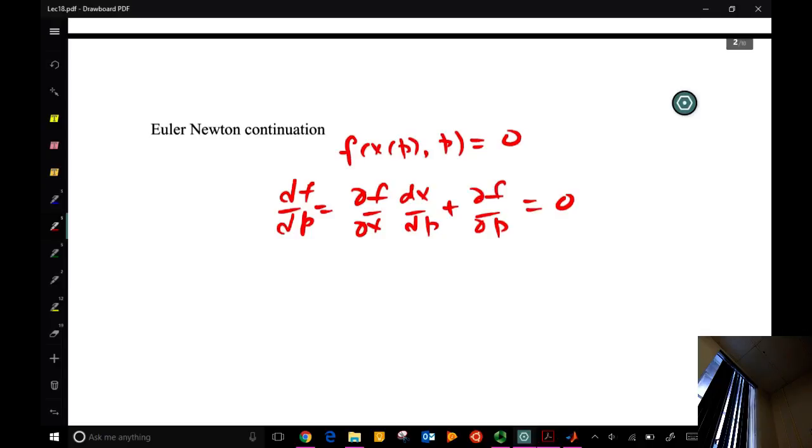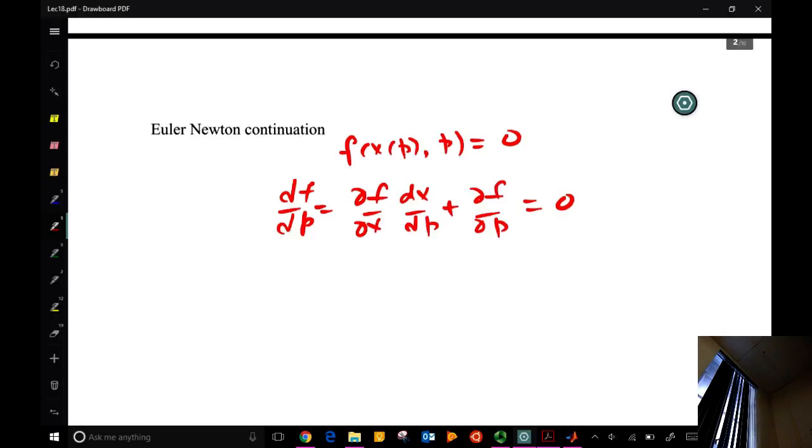Conceptually, graphically, we saw in the earlier slide what it is. Essentially, I would need to take the tangent vector to the solution and project the next guess from the tangent vector. This is a way of getting the tangent vector. It's nothing but application of the chain rule, recognizing that when we change p, f directly changes, p affects x, and x affects f also.